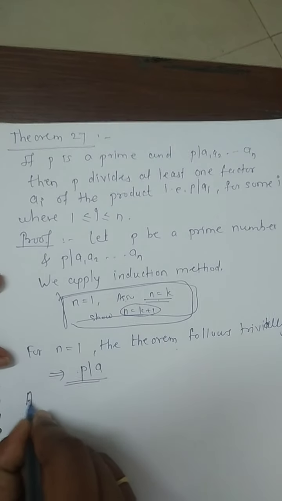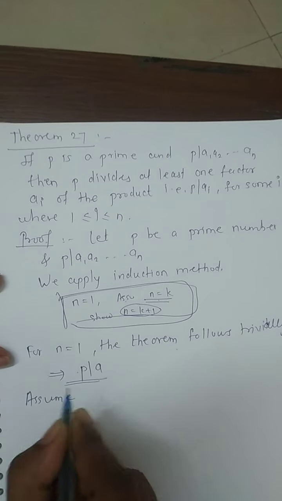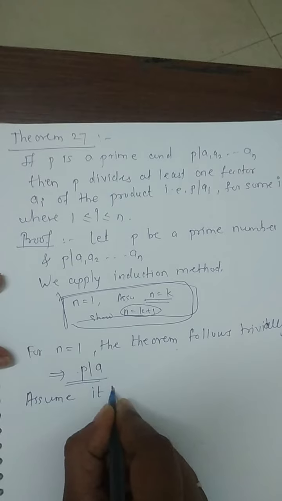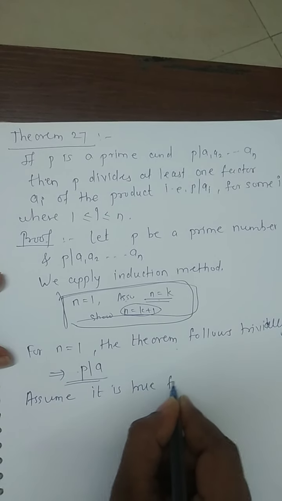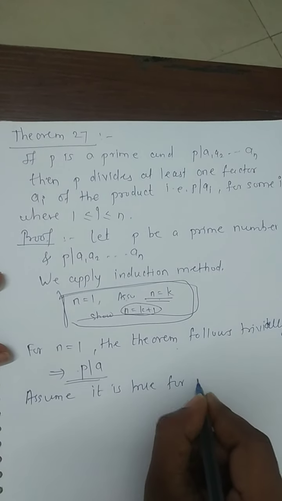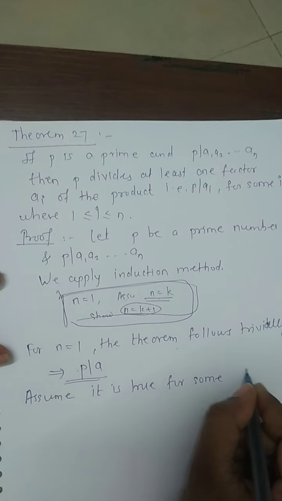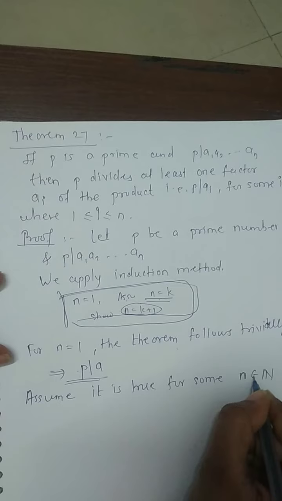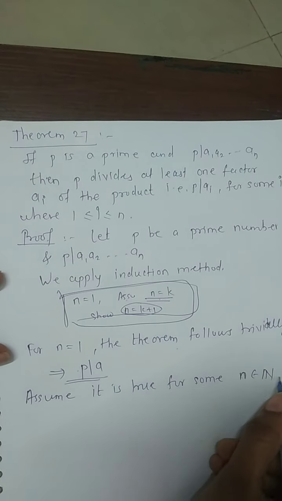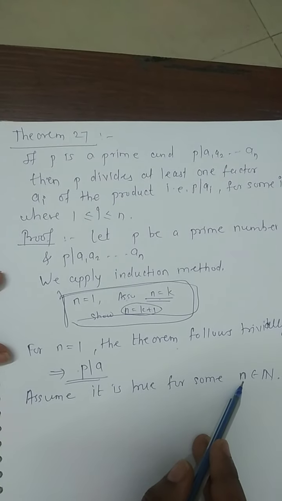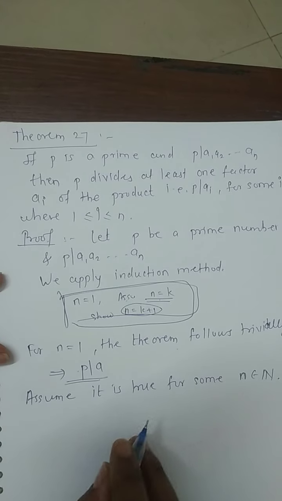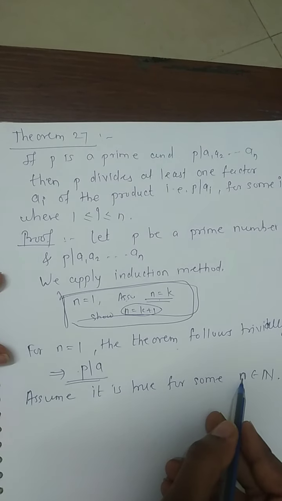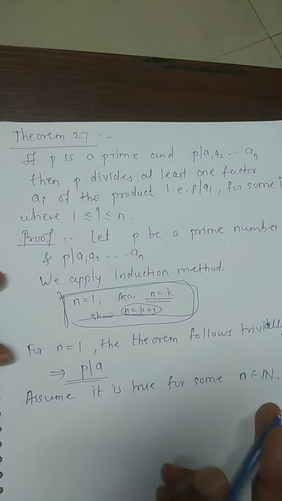After that, assume it is true for some n belongs to N, or put here k belongs to N, same meaning. So take here instead of k, n belongs to the set of natural numbers; this small n is an element of the set of natural numbers.